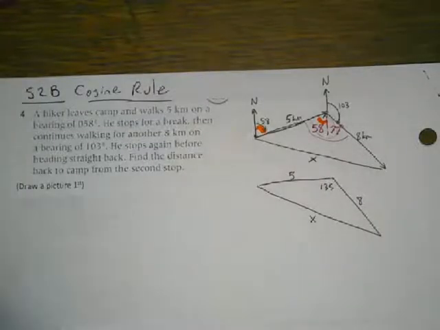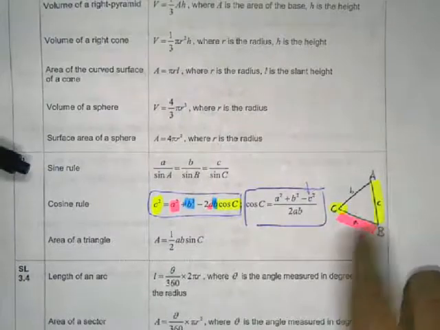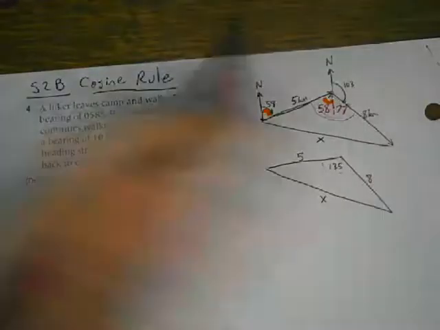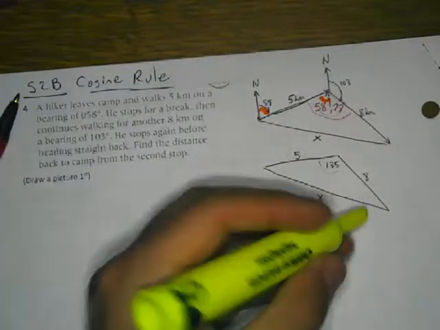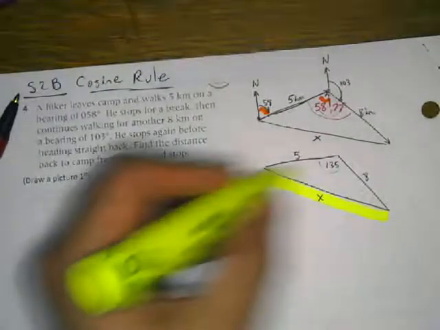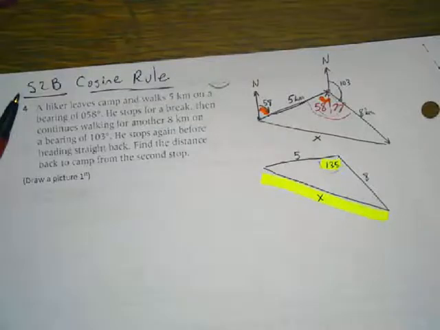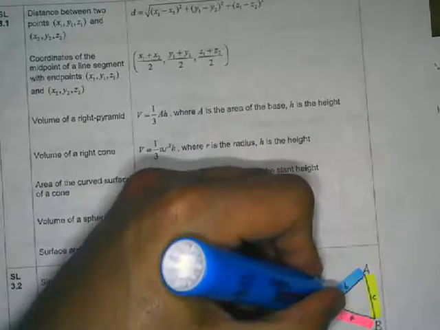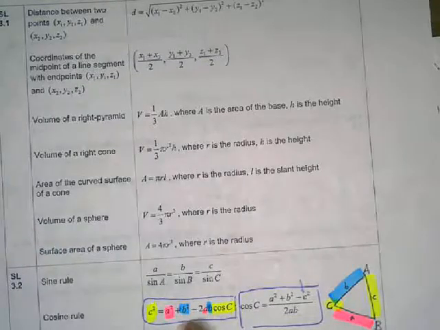C is the side opposite of the angle that we have, and here the side opposite of the angle is what we're looking for. When you look here, our pink and our blue sides are the ones on either side of the angle that we've got.